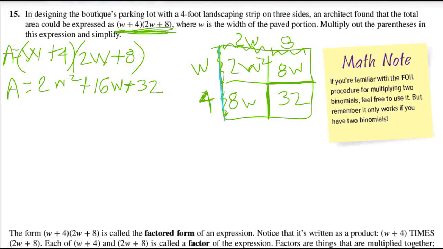So this length was W plus 4. Here I am multiplying W plus 4 times 2W. So that would be like this. And here I am multiplying W plus 4 times 8. So I get to do it the same way.